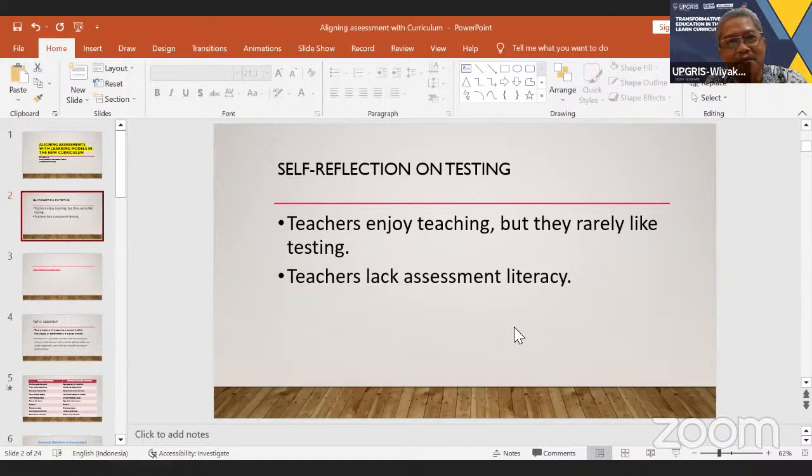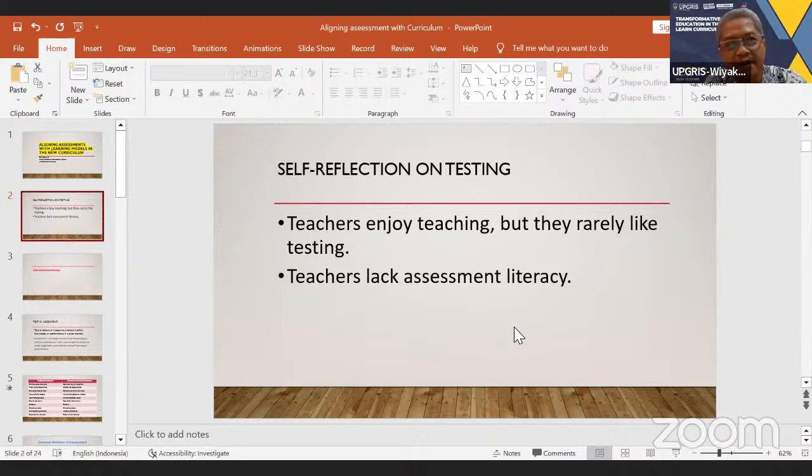Just for example, in the postgraduate program of the English department, when there is a fixed schedule for the courses, then we just enjoy the teaching and learning process in the classroom.